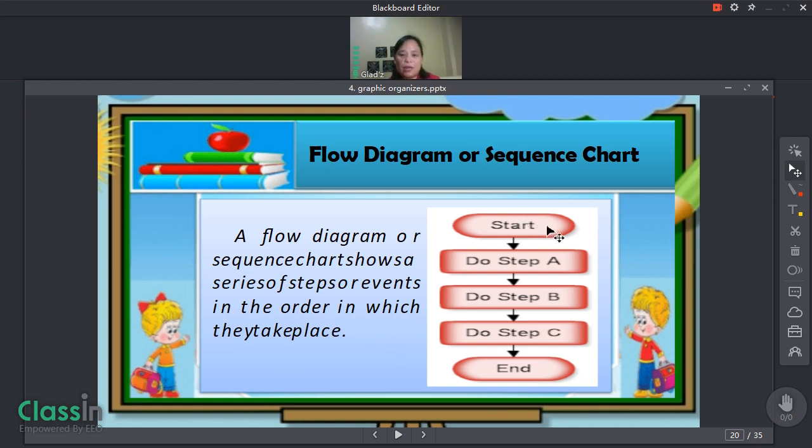Like what you can see, there is a start and there is an end. So that's why it's called a flow chart diagram or a sequence chart. It is obviously used for sequencing events.